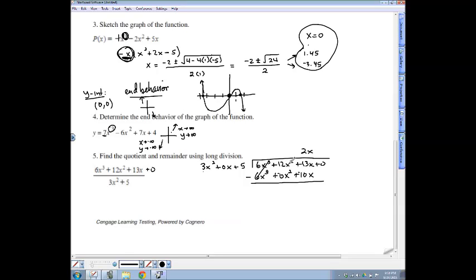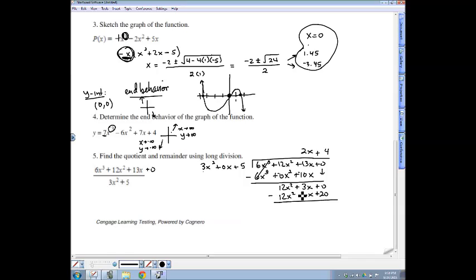First terms cancel. 12x squared minus 0x squared is 12x squared. 13x plus negative 10x is 3x. And we drop down the next term, start again. 3x squared into 12x squared is 4 times. 4 times 3x squared is 12x squared. 4 times 0x is 0x, and 4 times 5 is 20.